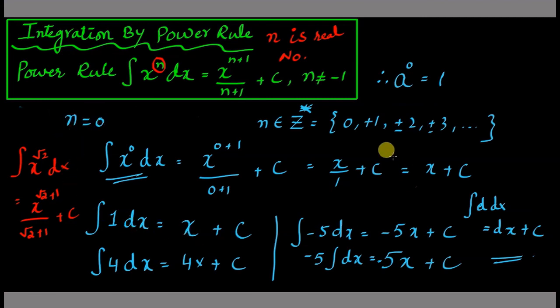Overall we can say n is a real number. So finally we have concluded that you can take any power from the set of real numbers excluding -1.